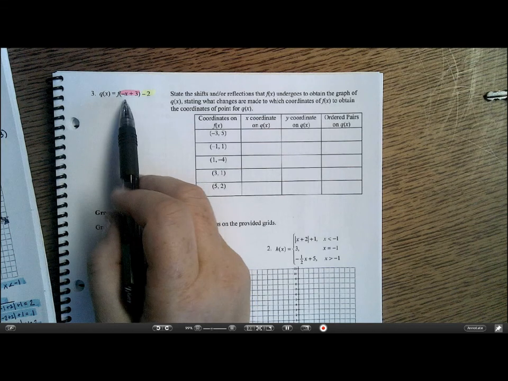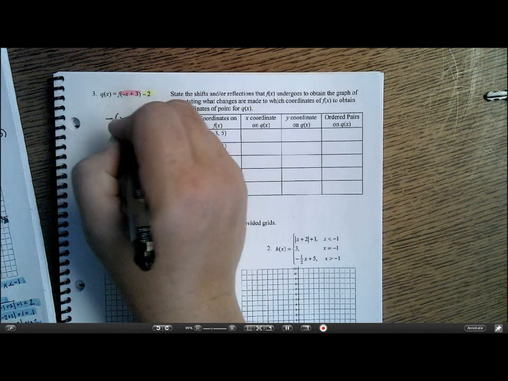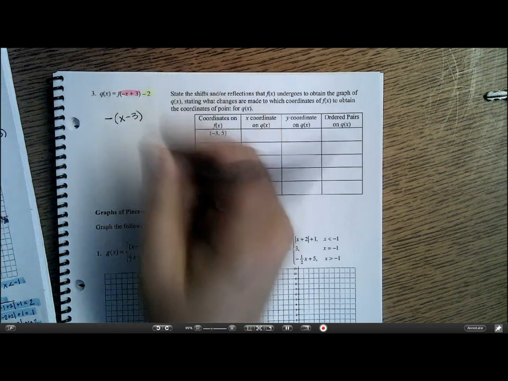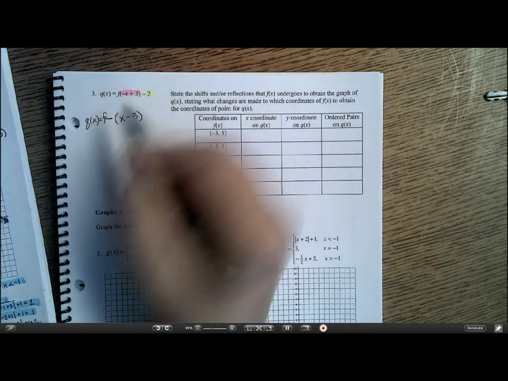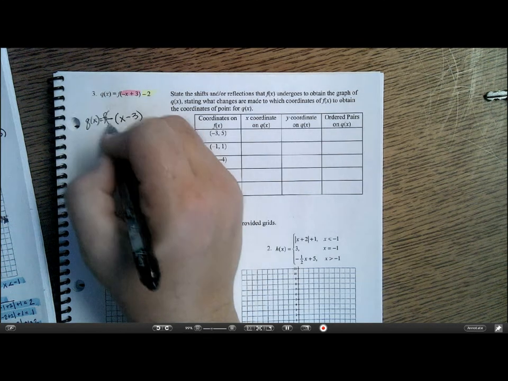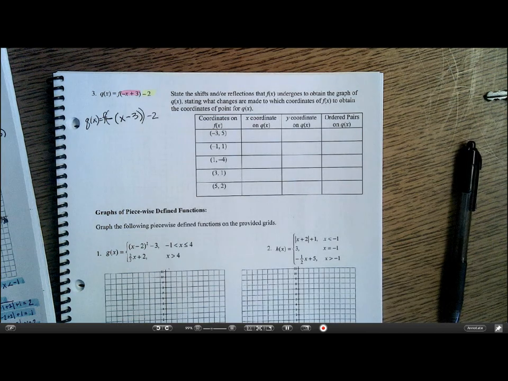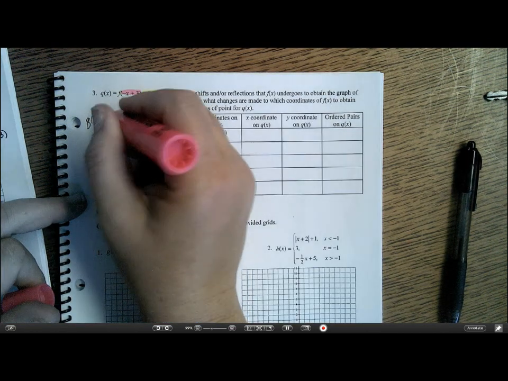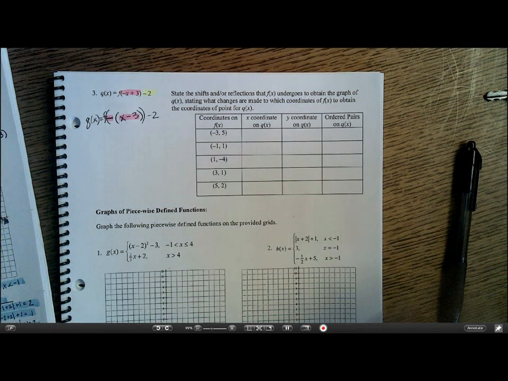Notice that you have a negative. Please factor out the negative. Q of x is equal to f, and then this whole thing would be in parentheses and then -2. Reason being is that way people, if you don't factor out a negative, you end up getting the shift wrong.